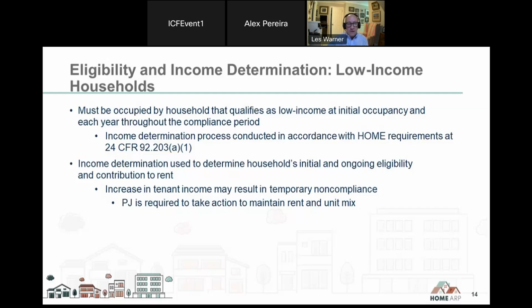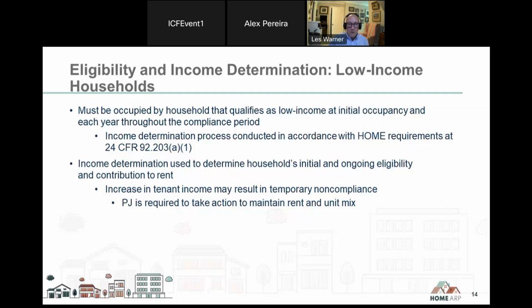That's the basis of them being eligible to occupy those units, as opposed to the QP households where we talked about formerly homeless or at risk of homelessness, some of these categories that don't require income qualification as part of determining eligibility. So for all of our low-income household category units, we will always have that income determination in the file to be able to document that they are eligible to occupy that unit.